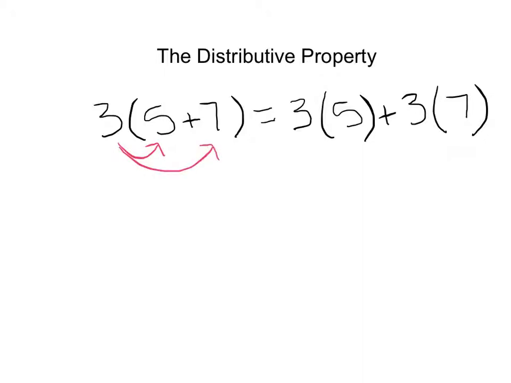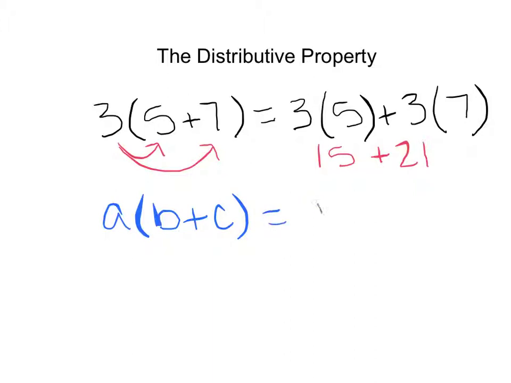That ended up with 15 and 21, which got us our answer of 36 again. Now the distributive property using symbols in math looks like this: A times the quantity B plus C is the same as saying A times B plus A times C.